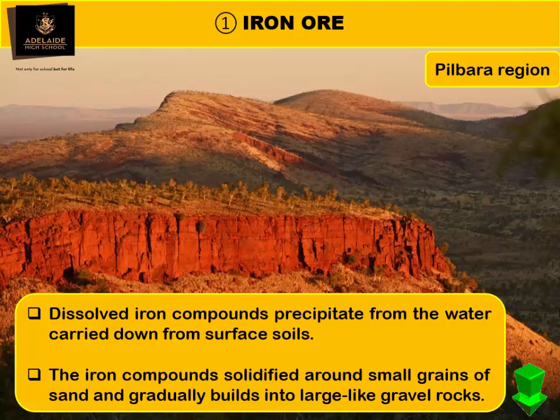So you see, all the physical and chemical factors that you have learned so far, precipitation, dissolving, and also transport by means of water, are all coming together. This is a good application. The iron compounds will solidify around the small grains, and eventually it will build up in those large gravel-like rocks, and you'll be able to extract them.